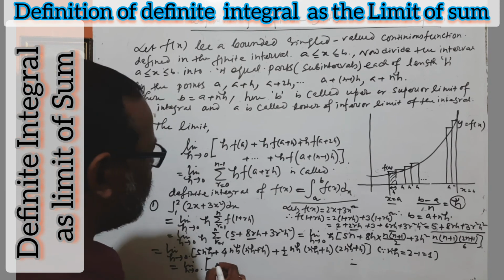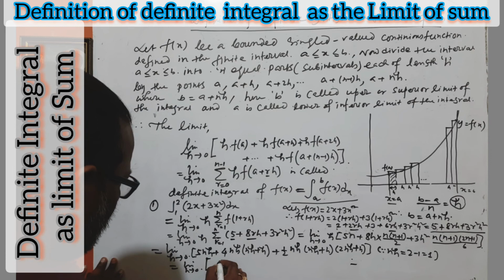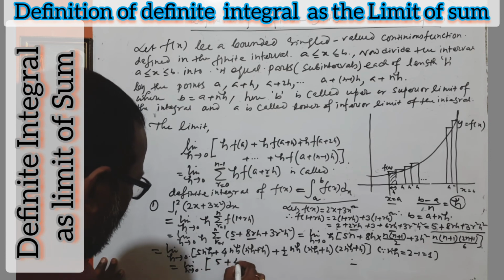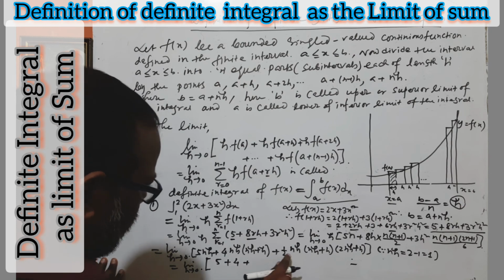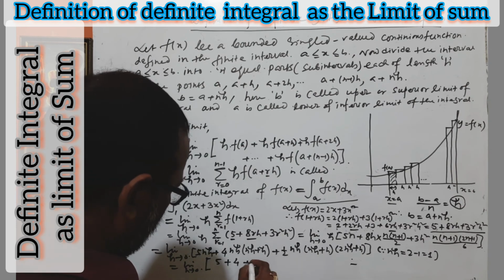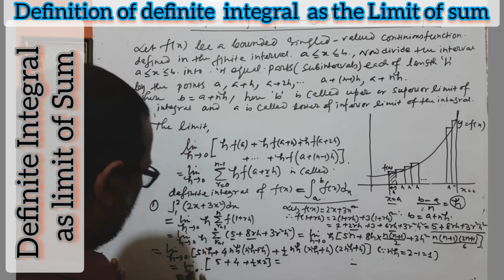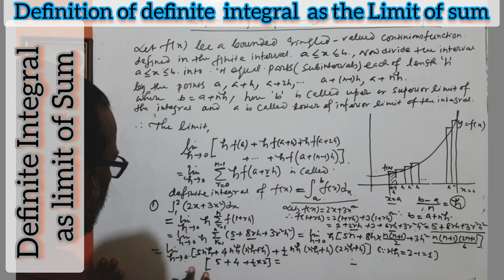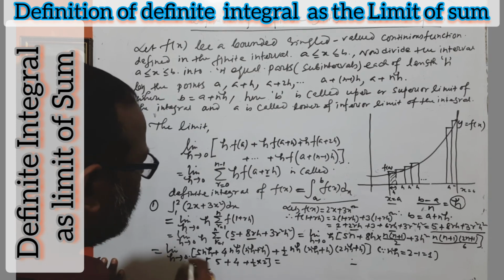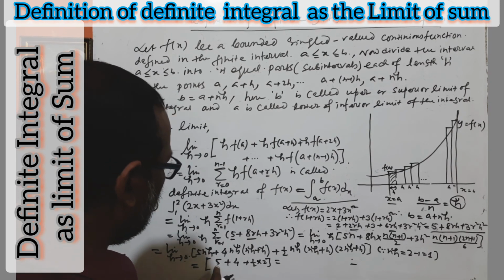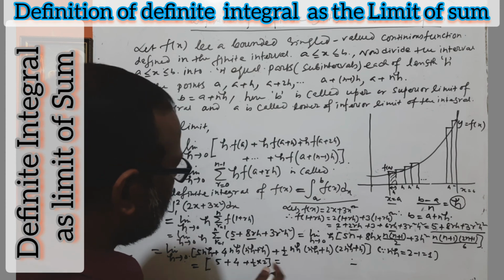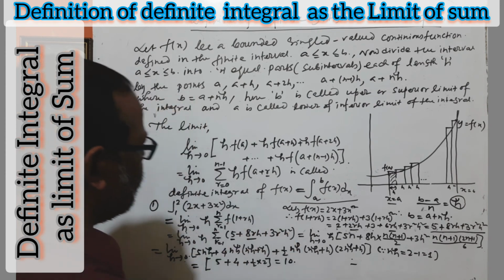So this is 5 plus 4 nh, and h tends to 0, nh is 1, h is 0, so this is a half, into 2. So this is equal to 9 and this is 10.